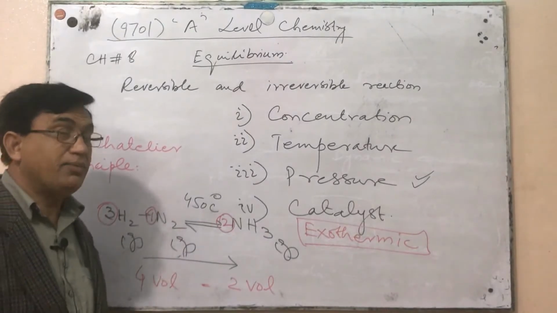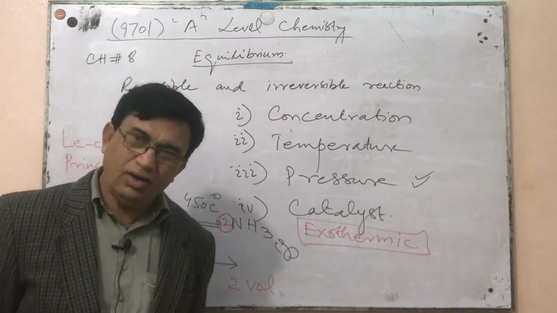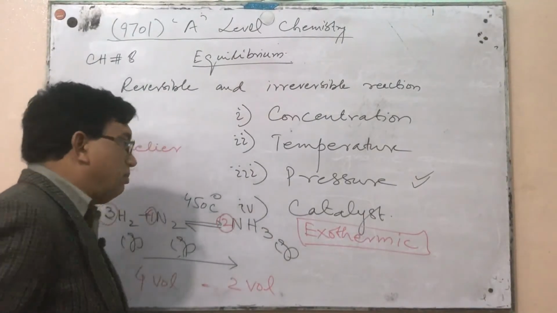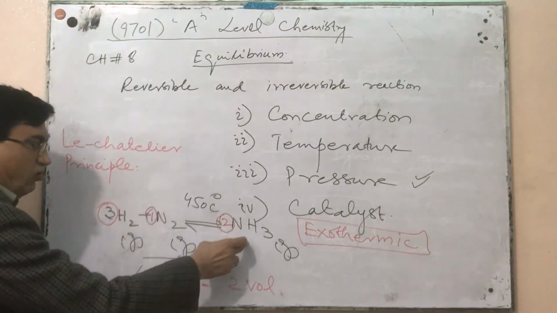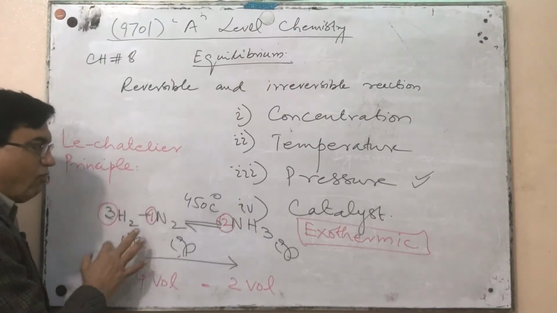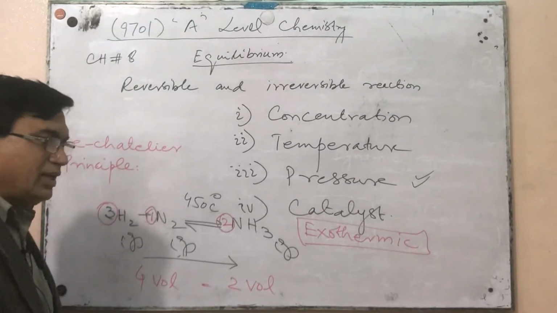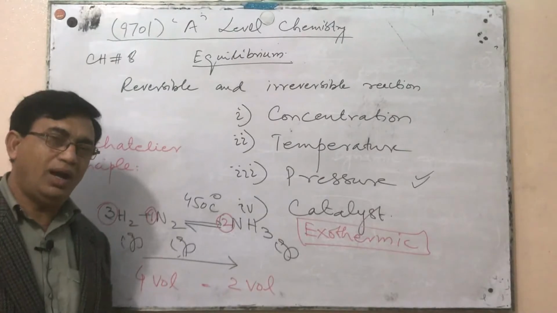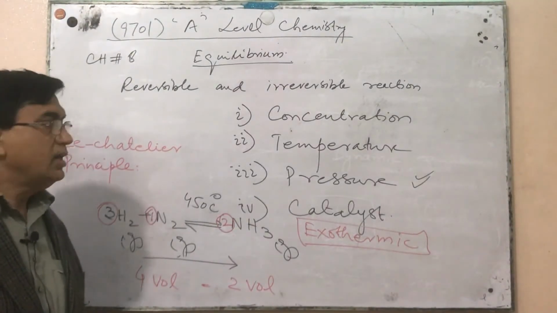It means that increase in pressure increases the rate of reaction in both directions. But if there is a difference in volumes on reactant and product sides, then the effect of pressure will be significantly judged, and on increasing the pressure, the reaction will move in that direction where the volume is decreasing.